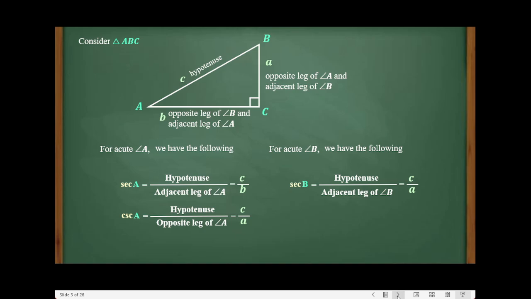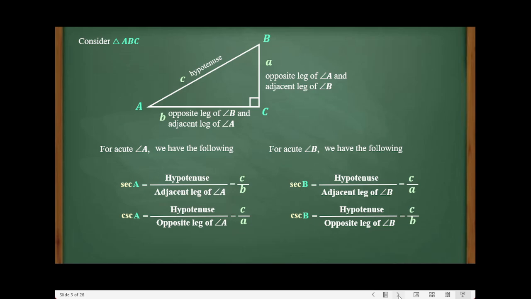Now, for the cosecant of angle B, it's actually B. So it's cosecant of B, which is defined as the ratio of the hypotenuse to the opposite leg of angle B. So that is actually equal to c over b.